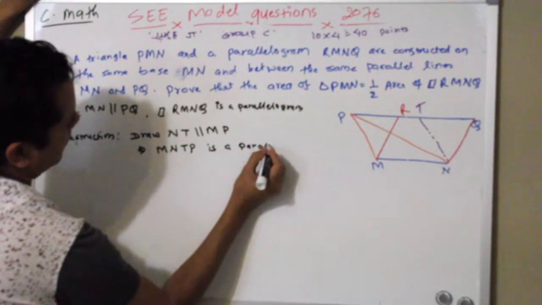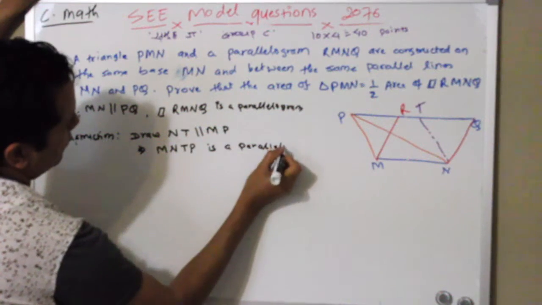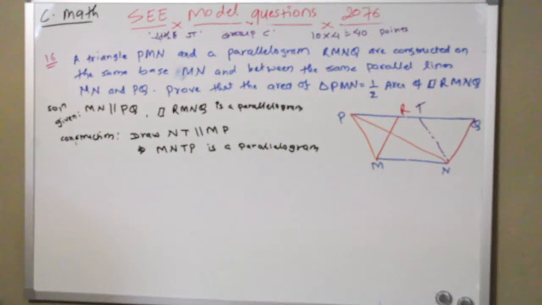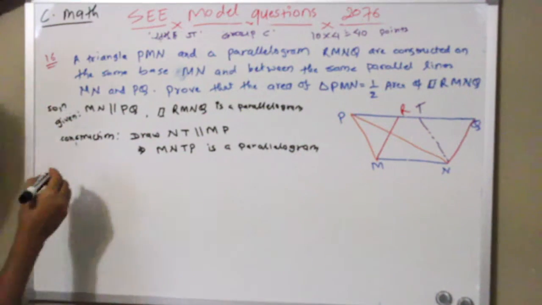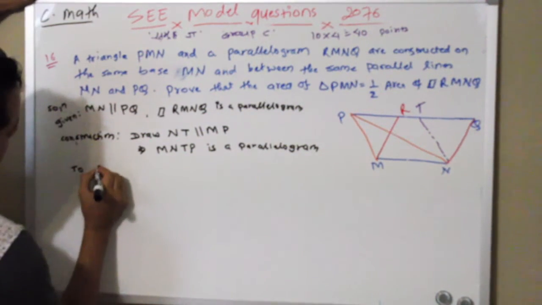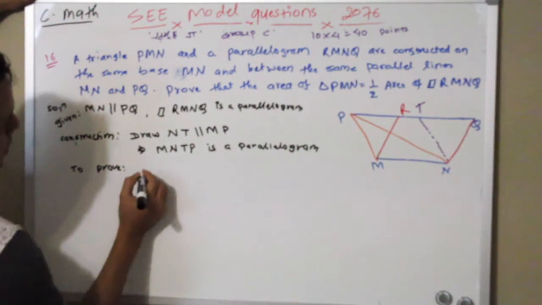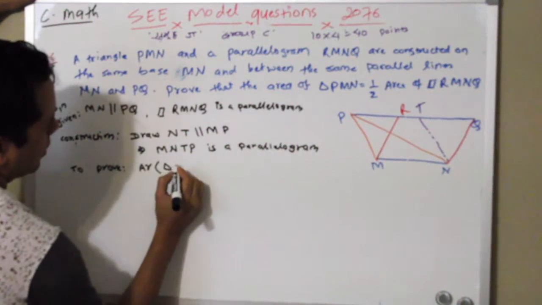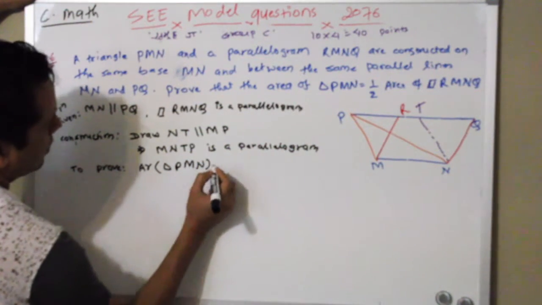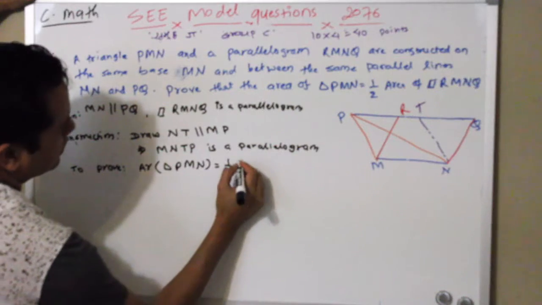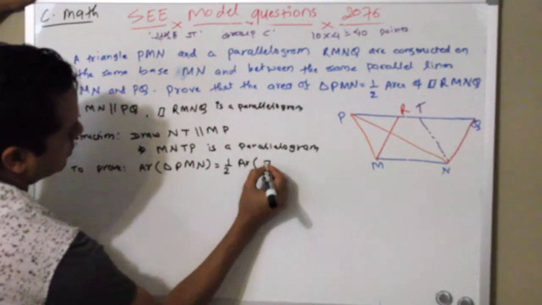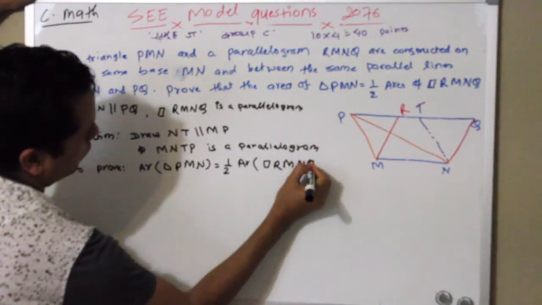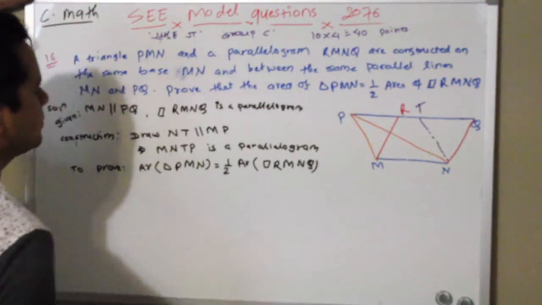Now to prove, what is to prove? Area of triangle PMN is equal to half of the area of parallelogram RMNQ. That's what we have to prove, right?